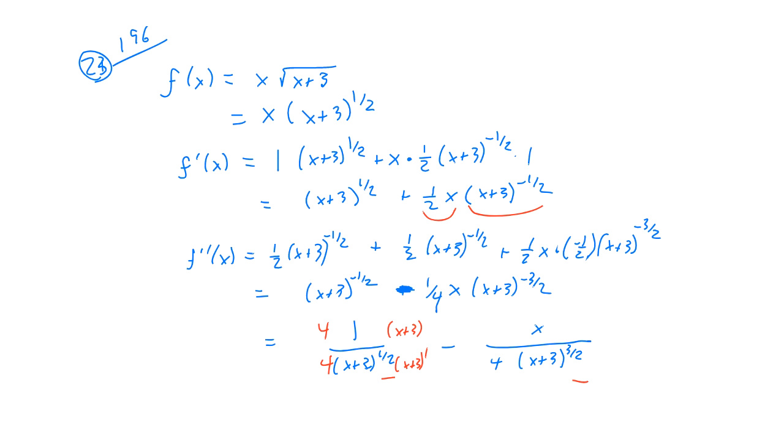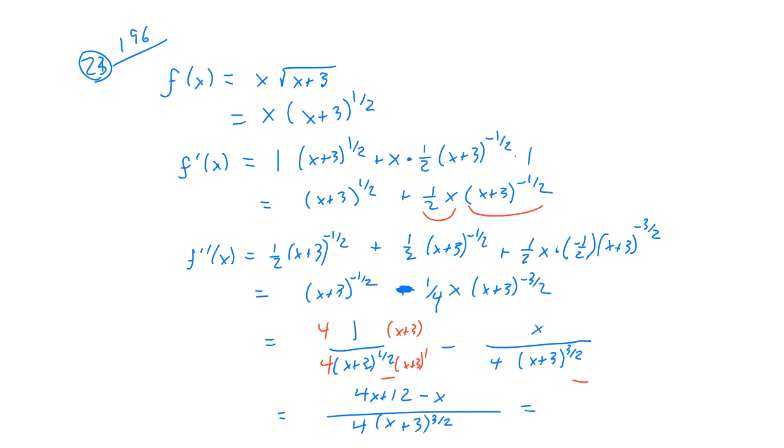So let's see what we get now. My common denominator is 4 times (x + 3)^(3/2), and on top, from the first fraction, I have 4 times (x + 3), which is 4x + 12, minus an x from the second one.